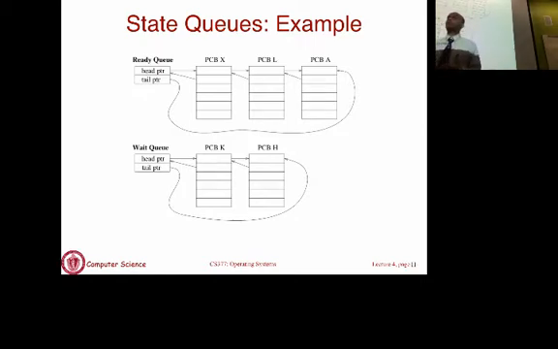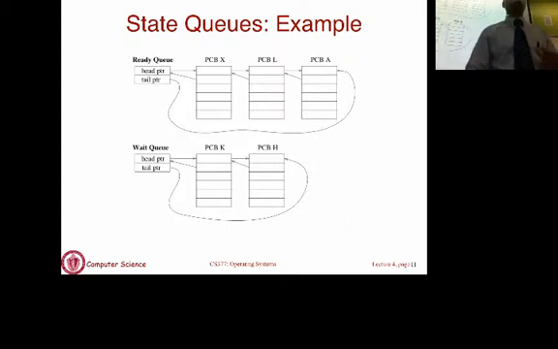Anything in the wait queue, by definition, is waiting for IO to finish or for some event to occur, so those processes are not ready to run. If you are in the new queue, you are not even ready; you are just a process being set up. So this is how the OS tracks which processes are in what state at any given point in time. You keep a doubly linked list of these entries.